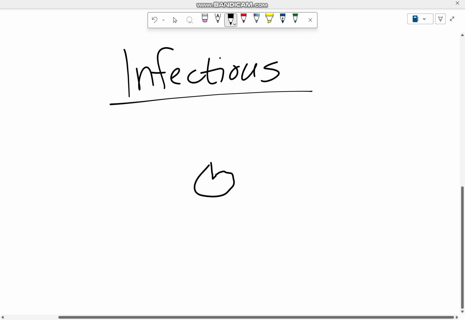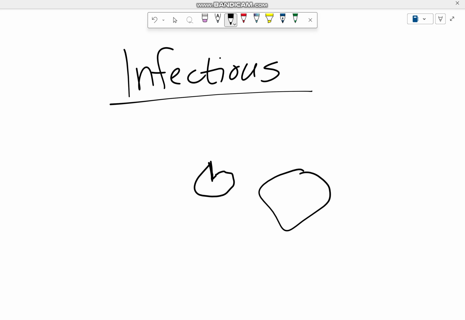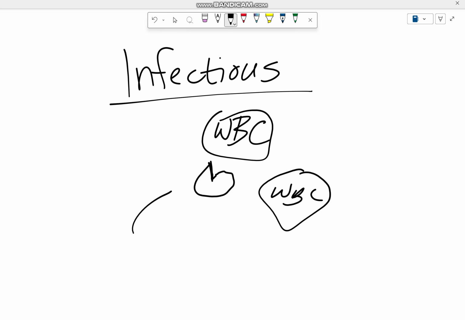So if these cells are damaged now here, we're going to get all of these white blood cells coming in to fight off that infection and hopefully kill off whatever is causing that infectious injury.